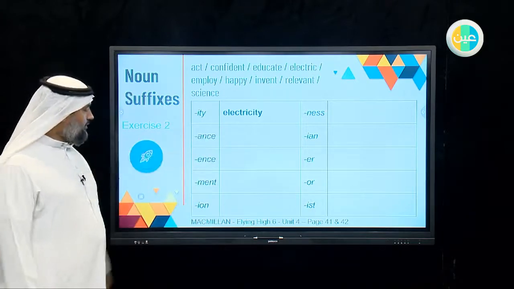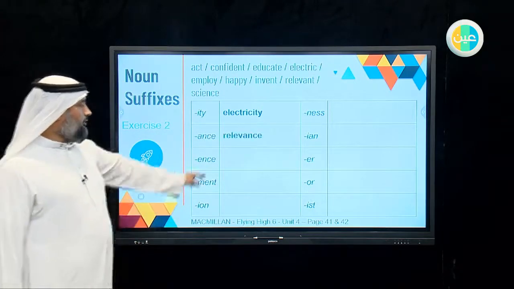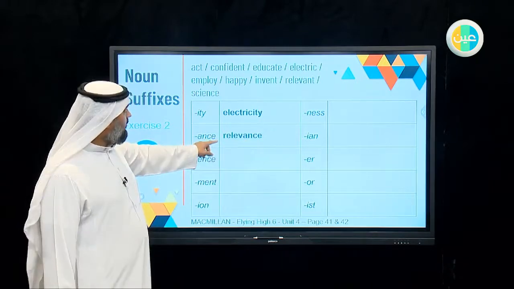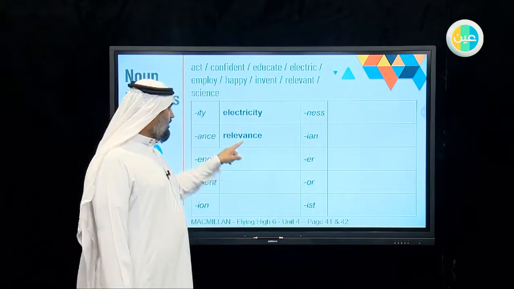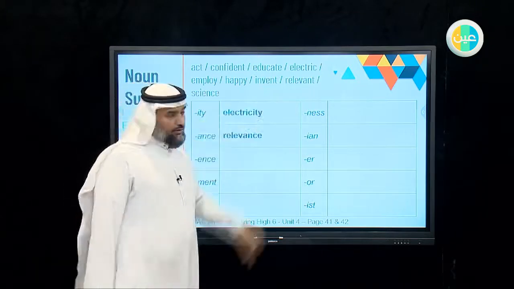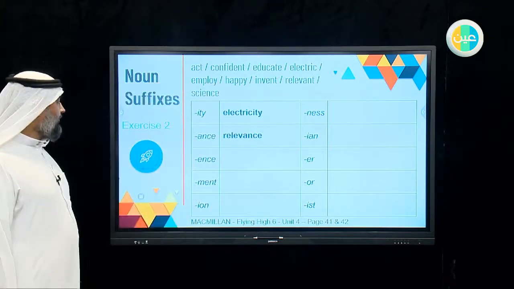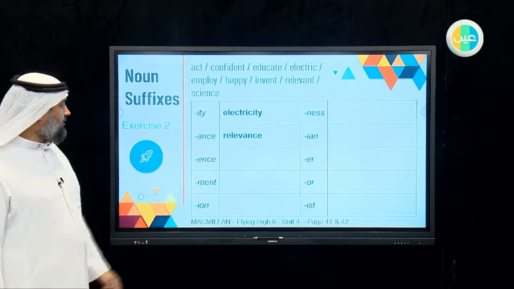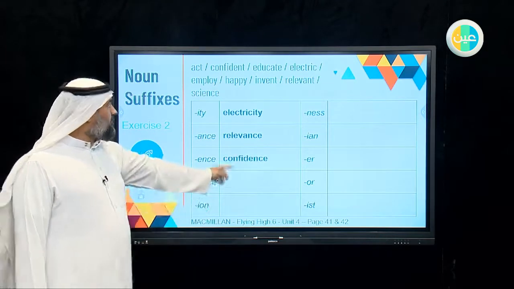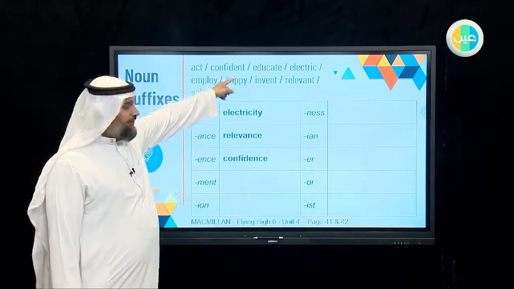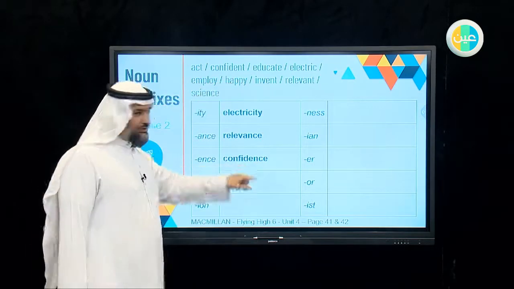Now this one, relevance. Relevant. We change it to relevance. We changed the last letter. Confidence. Confident. We change it to confidence. We change the spelling.